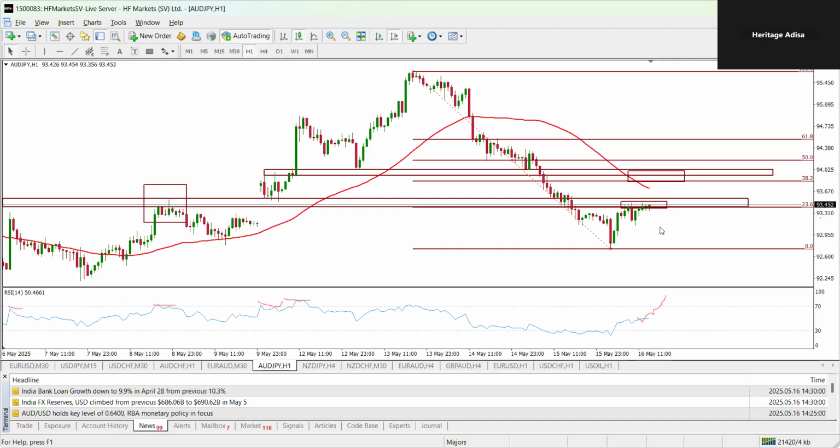Placing stop losses just anywhere on the chart may not necessarily be the best way to approach the market. You want to make sure that where you're putting your stop losses accounts for what we call price oscillation. Look, markets are not perfect.